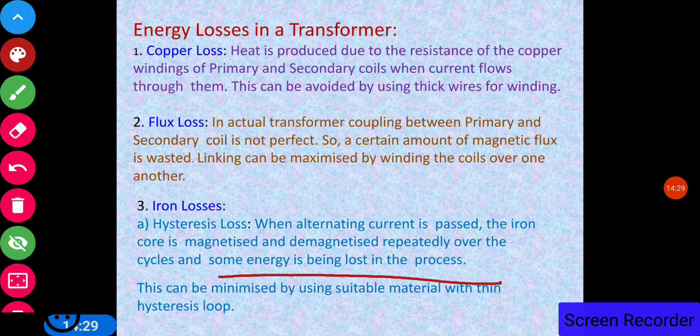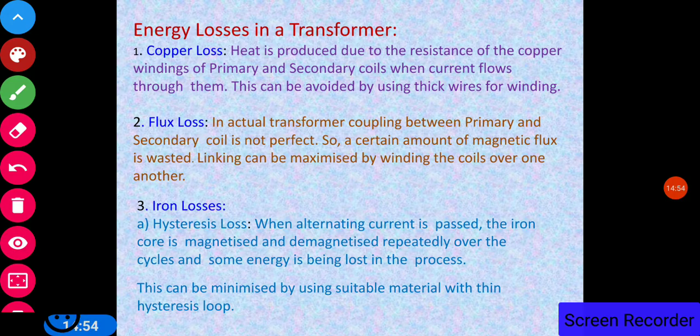This can be minimized by using a material with a thin hysteresis loop. Now the hysteresis loop is not in your syllabus, otherwise it would be a complete topic, explaining how the energy wastage can be minimized.